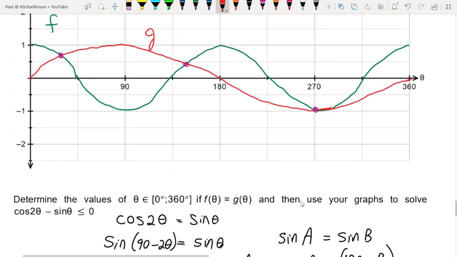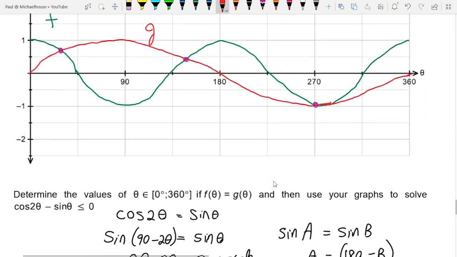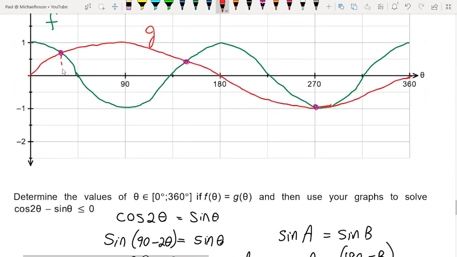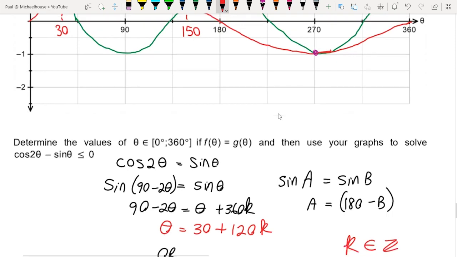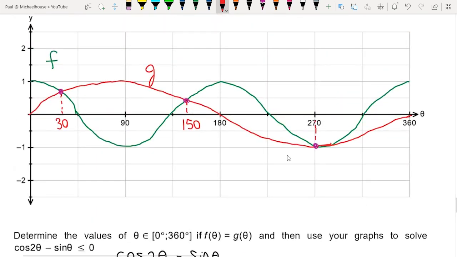So if we start looking at where these graphs are equal to one another, we had the 30 plus 120k. Well, that's clearly 30 when k is 0. This one is going to be 30 plus 120, which is 150. And if we add another 120, we get 270, so that's that point over there.